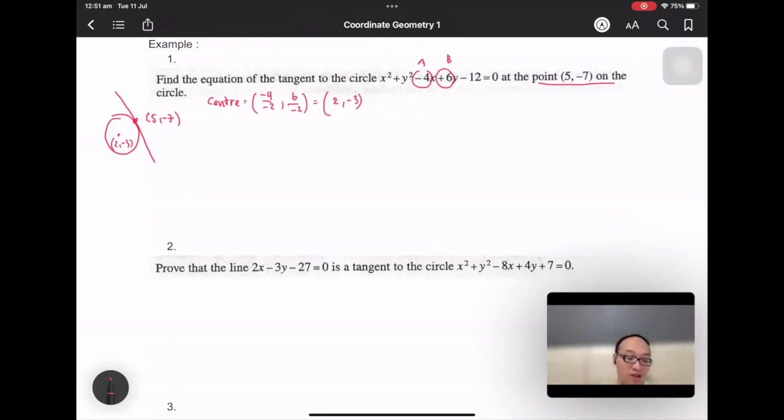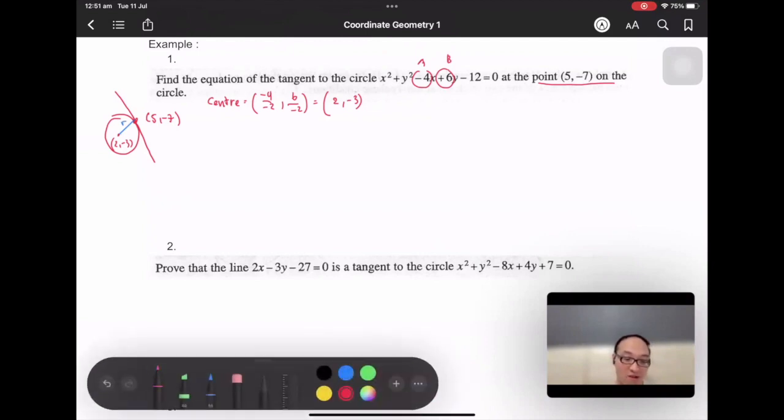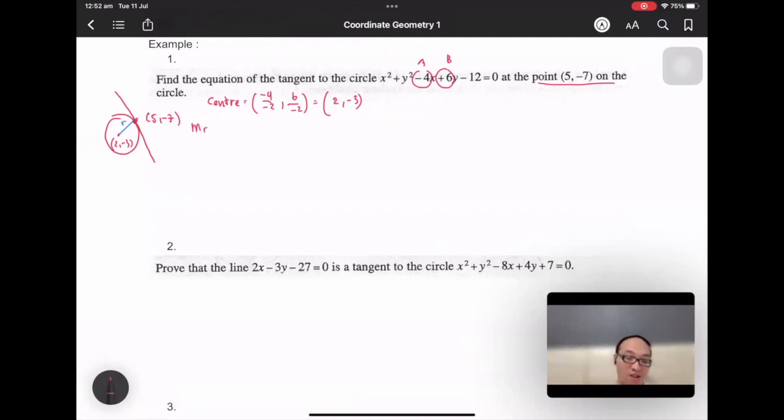So what is the gradient of the radius? This is the radius. The gradient of the radius is rise over run, so delta y, negative 7 minus negative 3, over delta x, 5 minus 2, which equals negative 4 over 3.